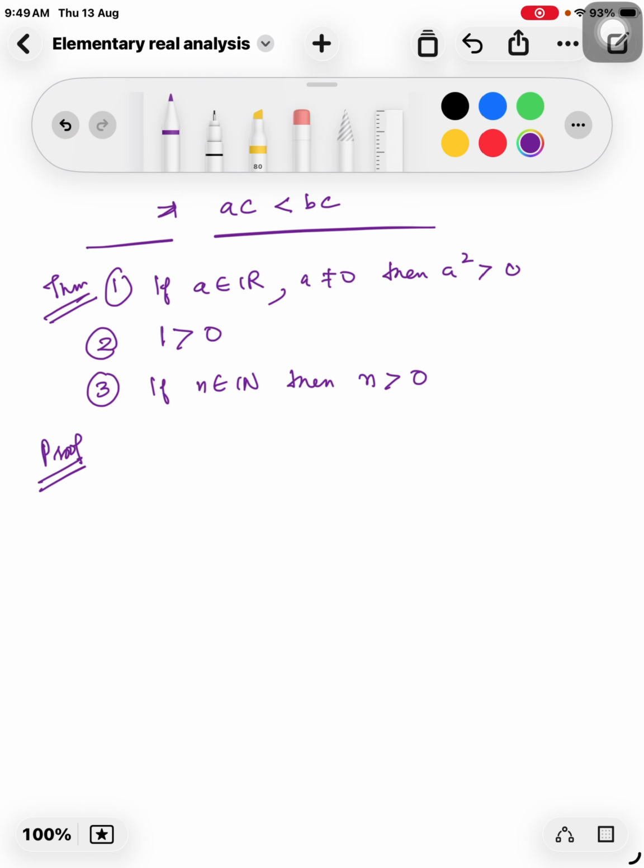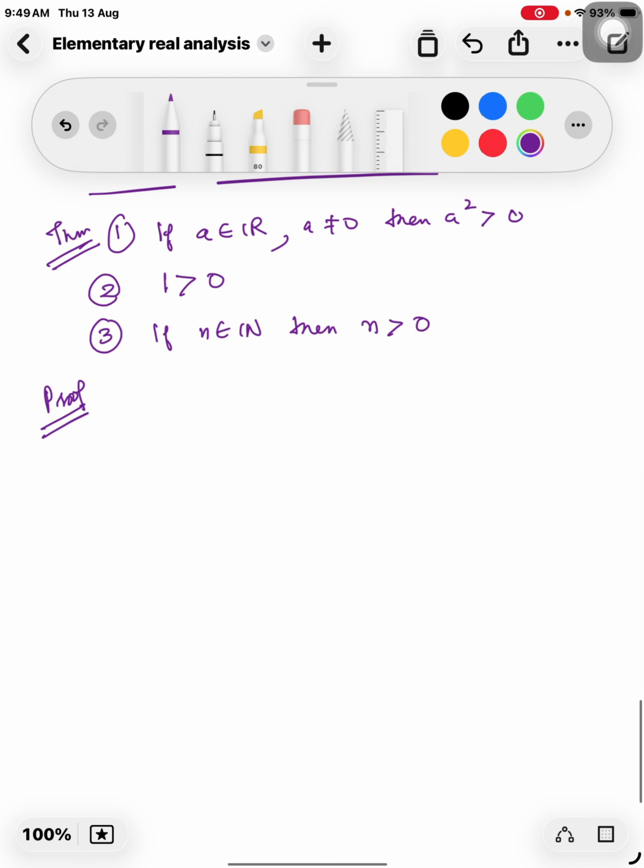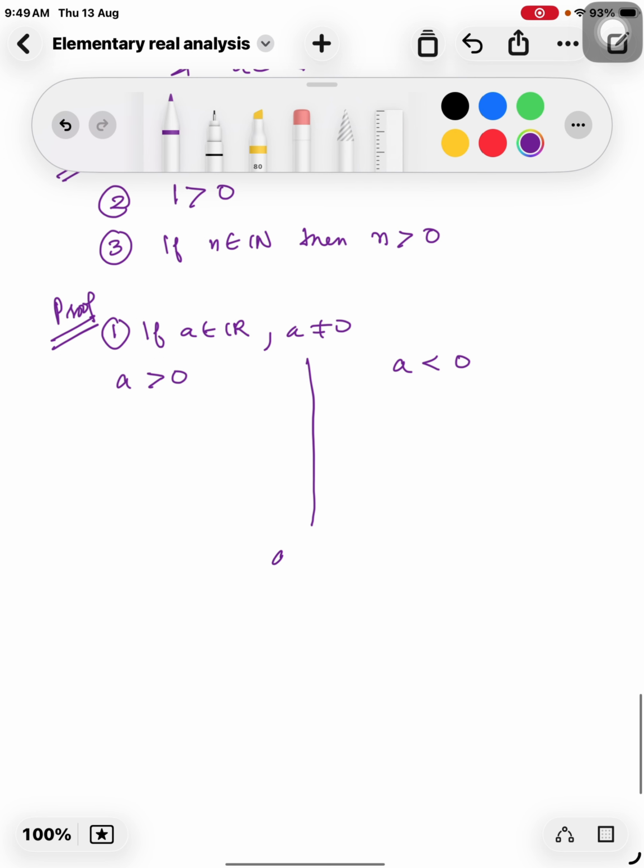So for the proof, for the first part, okay, let us prove the first part. Now if A is a real number, A is not 0, that is already given. So we have two possibilities, either A is positive or A is negative. In both these cases we will get A square is greater than 0.